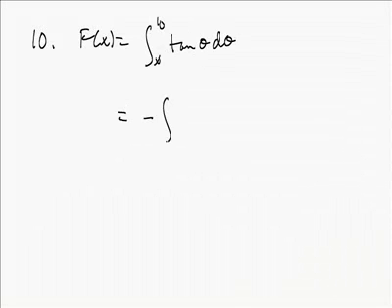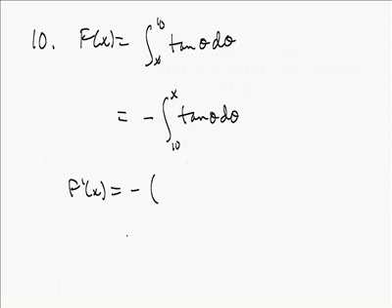Remember, we can reverse the limits of integration by changing the sign. So this is the negative integral from 10 to x of the tangent of theta d theta. And now to find the derivative, F prime of x, we can use the fundamental theorem of calculus. It'll be the negative of the tangent of x. Again, we had the constant here and just the x variable there, so the fundamental theorem of calculus is in play.